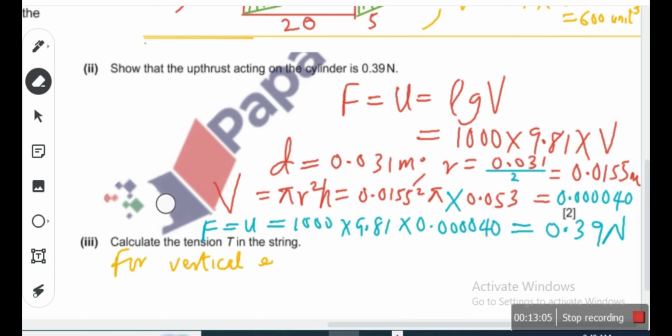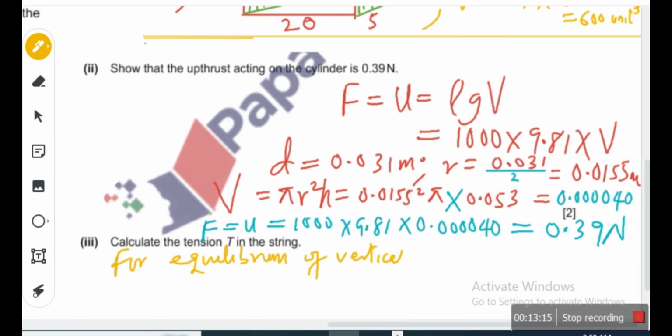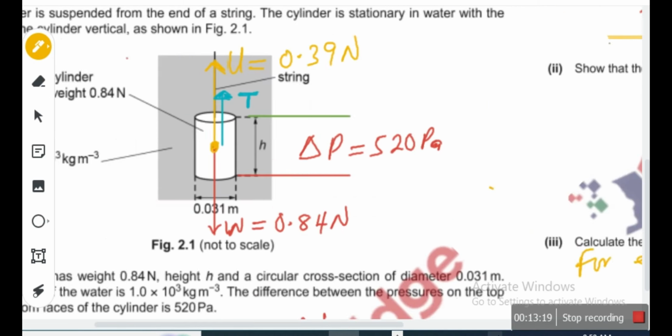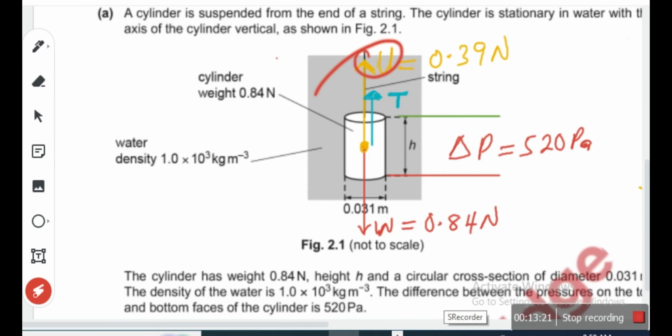For equilibrium of vertical forces, what are the forces that act vertically? Up thrust, the tension we are looking for, must be equal to the weight. Up thrust plus the tension must be equal to the weight.